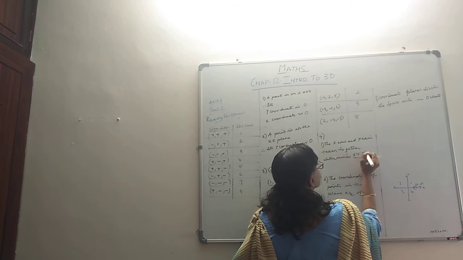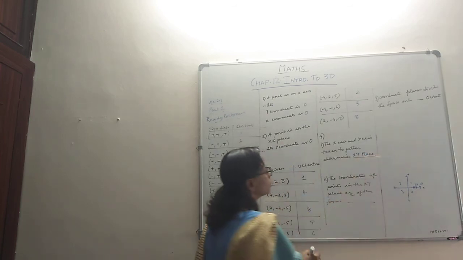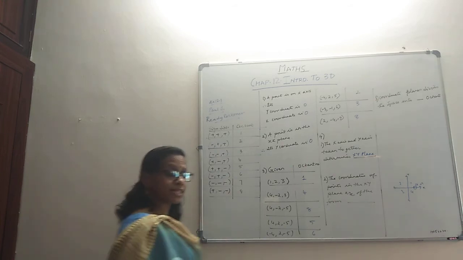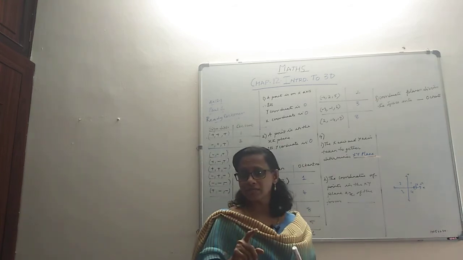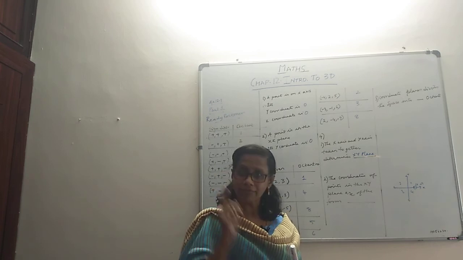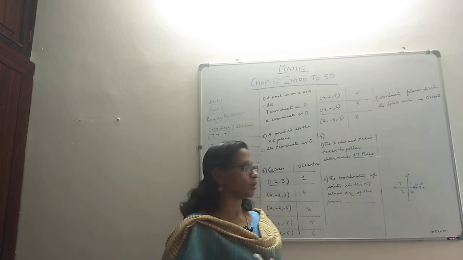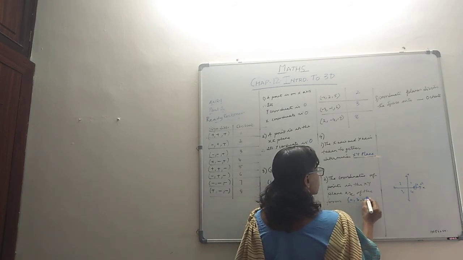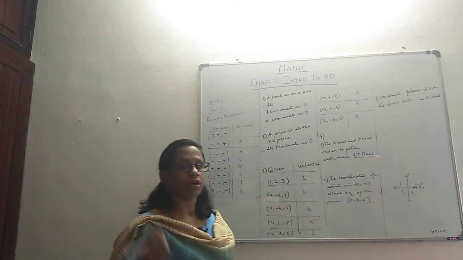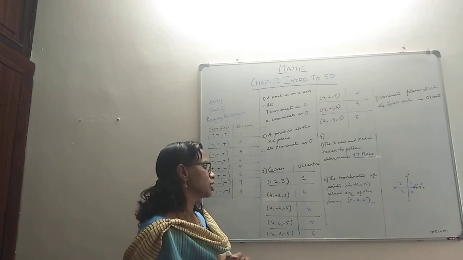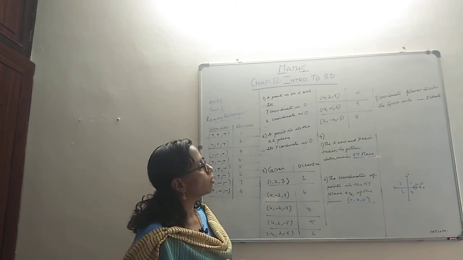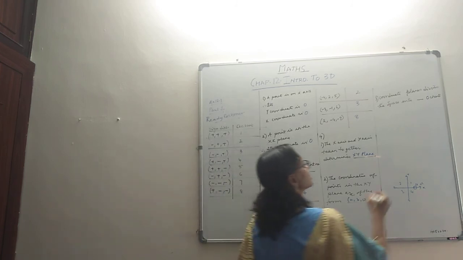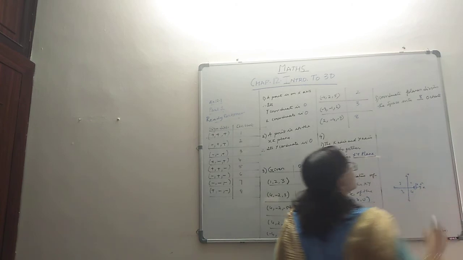The coordinates of points in the XY plane will have the x coordinate and the y coordinate, but not the z coordinate. So it is of the type (a, b, 0) or (x, y, 0) or (h, k, 0), it's your wish. Then, the coordinate planes divide the space into 8 octants, as we just discussed.